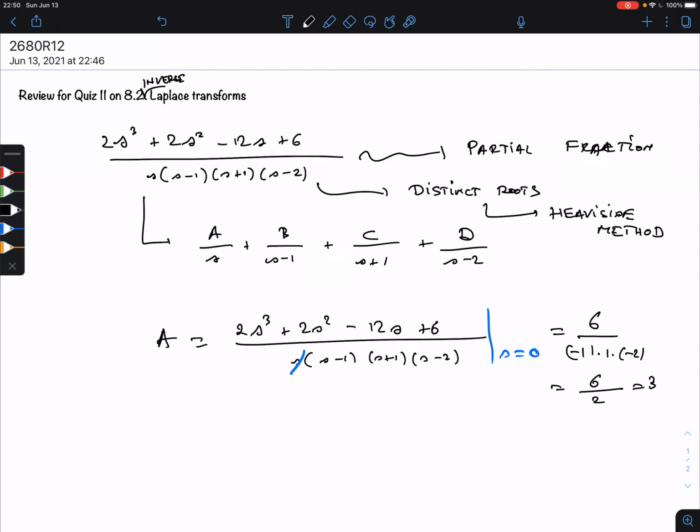So this is a video, right? I can do this. So I'm going to replace A now by 3 and then use the same. But you have to write this out, right? I'm sorry, but I need to see all the details. So on the quiz, I need to see all the details, including, if you use Heaviside, each calculation of Heaviside.